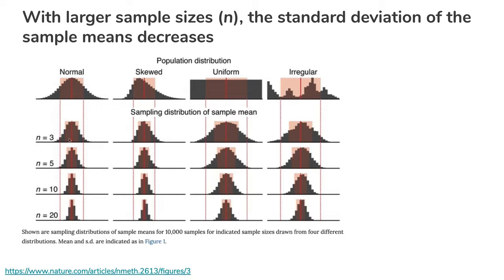But what you can see is that as the sample size increases, the standard deviation reduces. And I think that's somewhat intuitive. If you take a larger sample size, the variance or the variability in those measurements gets smaller and smaller.